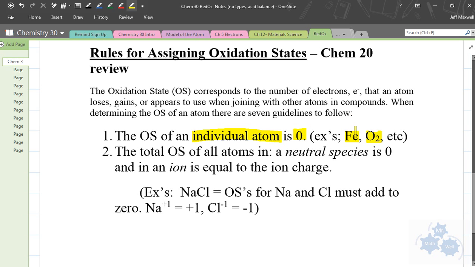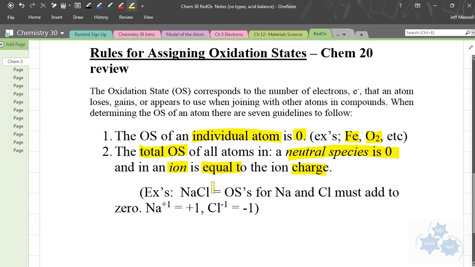If it does not have a charge, if it's a neutral atom by itself, it's 0. Number 2 says the total oxidation state of all atoms in a neutral species has to add up to 0. So the total oxidation state in a neutral species is 0. And in an ion, it's equal to the ion charge.